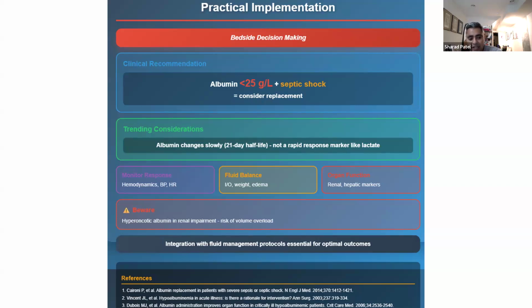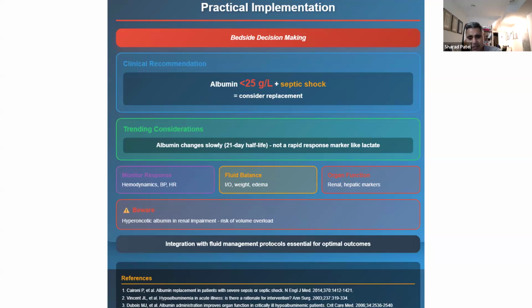In a hyperoncotic albumin patient with renal impairment, this person is going to be at risk of volume overload. So if you have AKI and you're administering lots of albumin, you can still develop volume overload. Most albumin solutions have a lot of salt as well, and this may be contributing to volume overload.